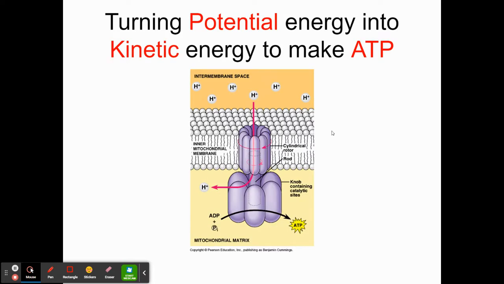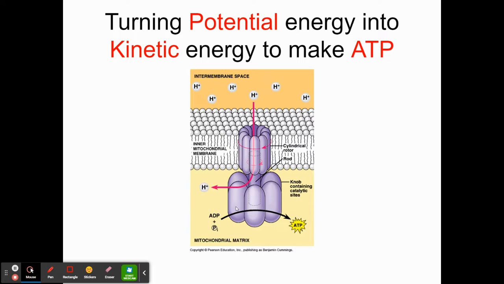When the protons diffuse down through this enzyme called ATP synthase, which consists of two rotors around a shaft, this rotor is going to spin. The potential energy of the proton gradient is going to be turned into kinetic energy as the protons move through that, which is going to spin this, and that's a form of mechanical energy.